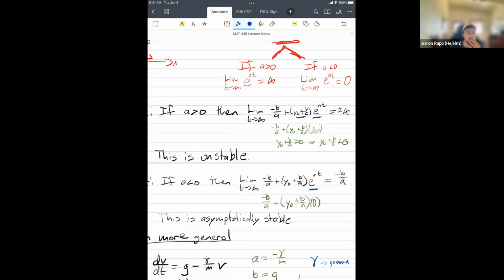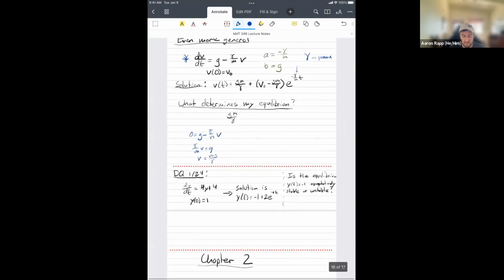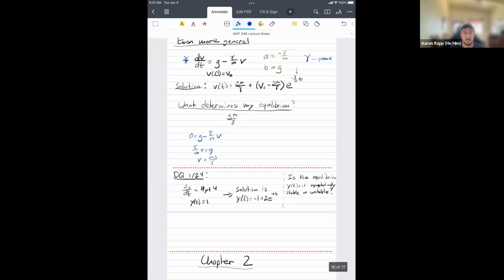I don't know why I have 0 there. That'd be e to the 0, which is 1, and then it'd be going towards y naught. Should be going to negative b over a though. Anyway, I know that theory is right. I can fix the tad bits of information there.